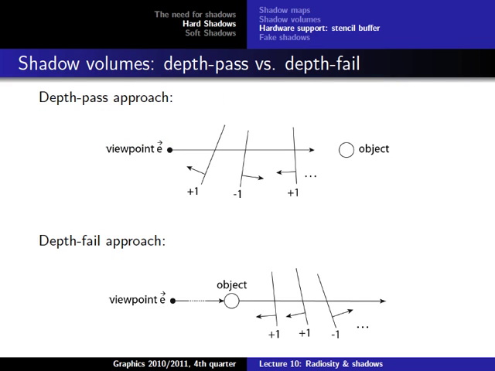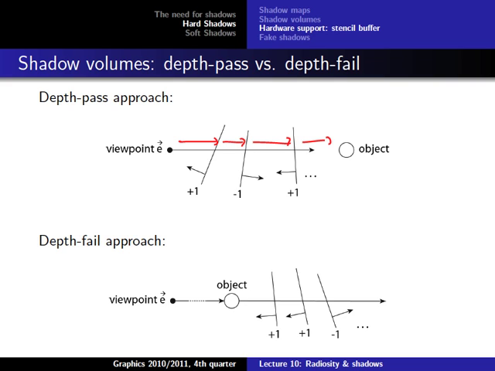Fortunately, that works quite well when we do a little modification of the shadow volumes algorithm, which is moving from a so-called depth pass approach to a depth fail approach. If you think about what we're doing here, we're starting from the eye, looking towards the object, and then we are counting each face that we hit and increase and decrease our stencil buffer.